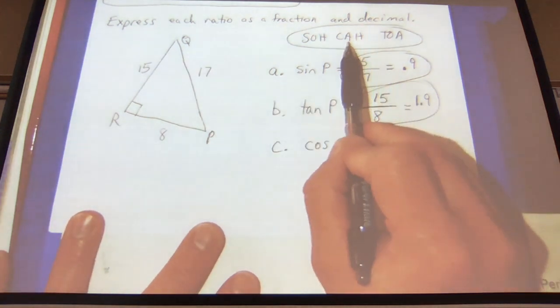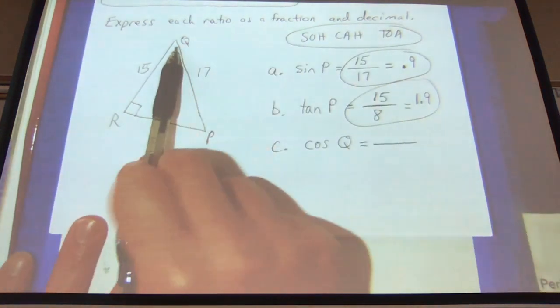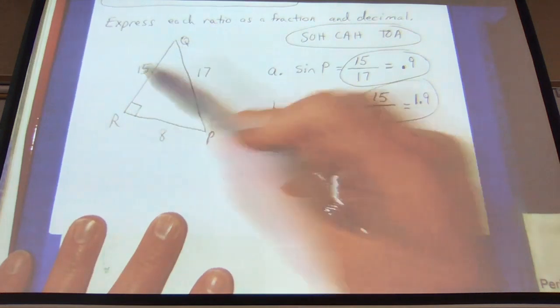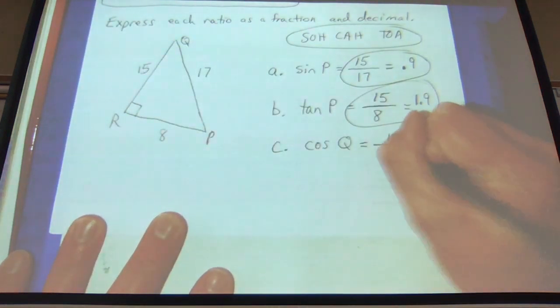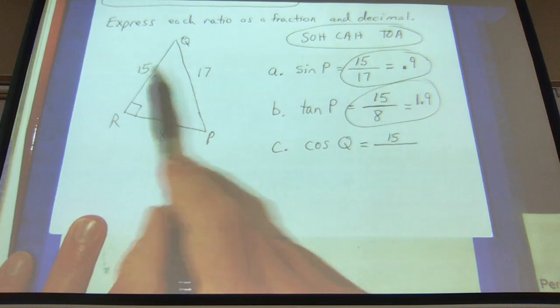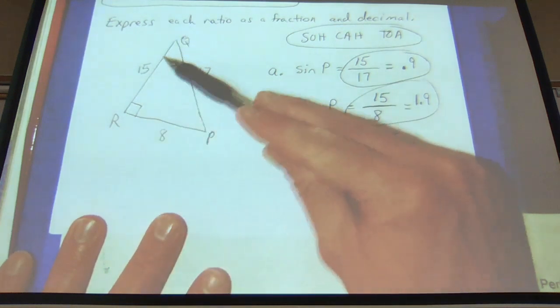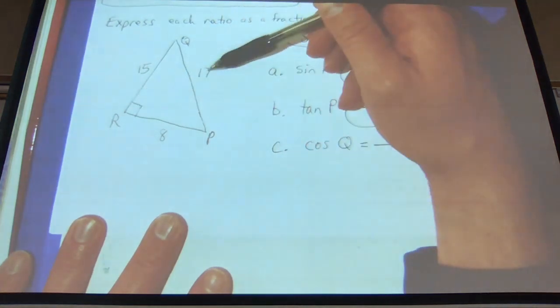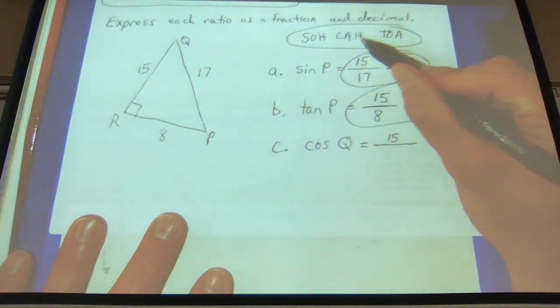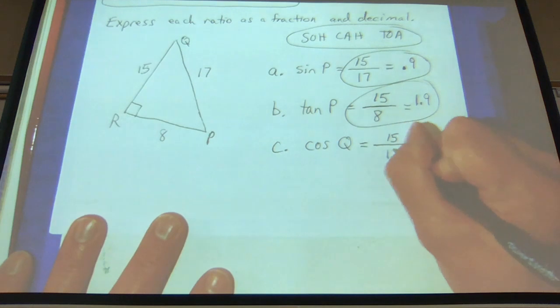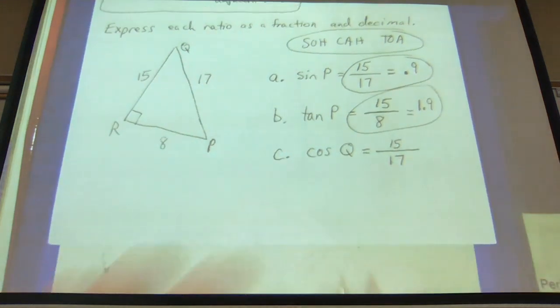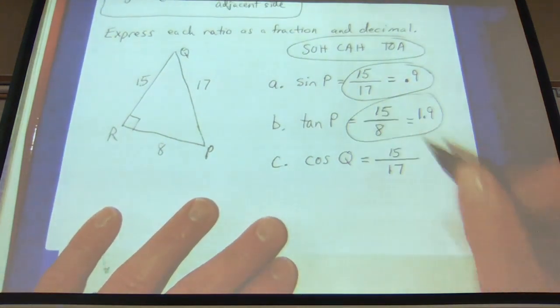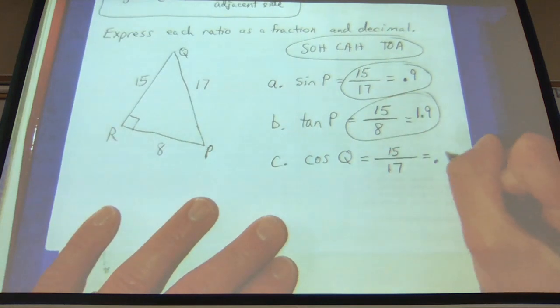We want the adjacent side over the hypotenuse. From angle Q, the adjacent side would be 15. Again, that's one of those where you have two sides right next to angle Q. The adjacent one is 15 because 17 is across from the right angle. That's going to make 17 your hypotenuse. That hypotenuse we want on the bottom. And then we've already done 15 over 17 on our calculator. You're going to get 0.9.